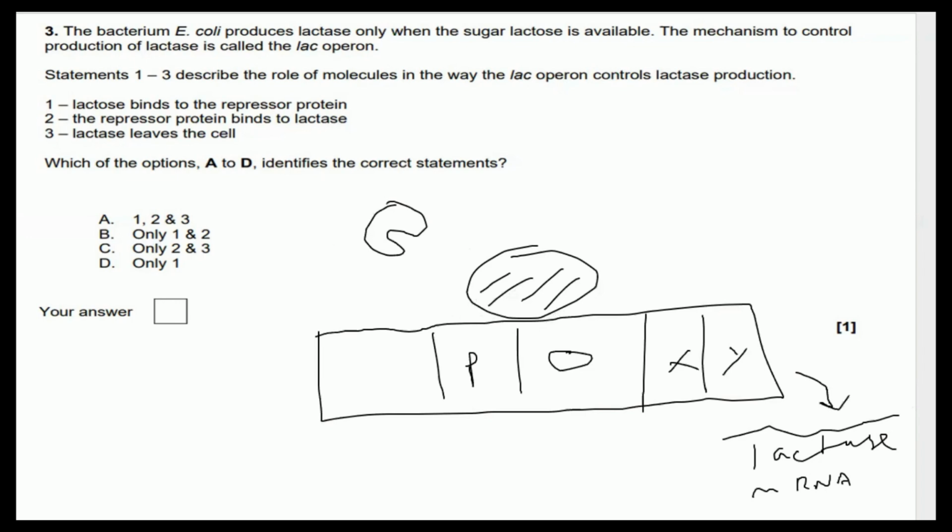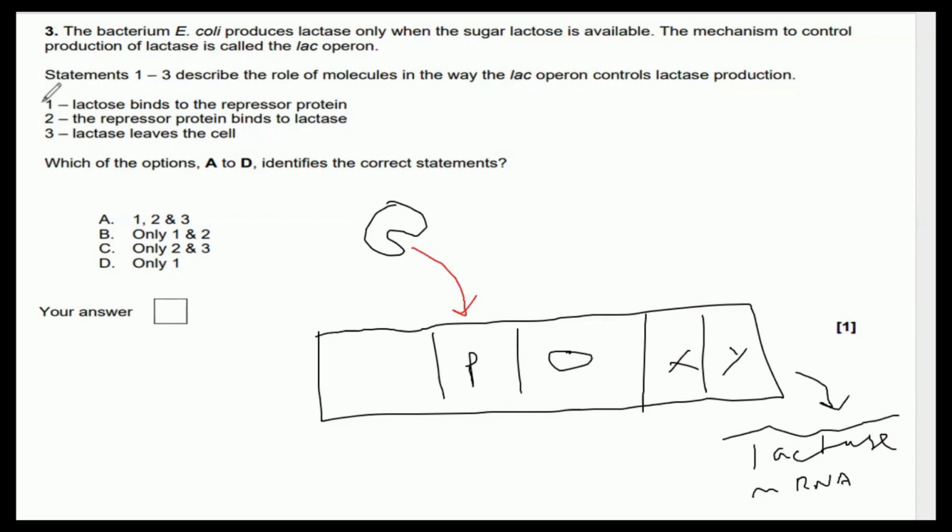Well, when lactose is present, the sugar acts as an inducer. It binds, similar to an allosteric site on an enzyme, to part of the repressor protein. That removes the repressor protein from blocking the region, and therefore our RNA polymerase can bind to the promoter region and then transcribe X and Y, or whatever these structural genes for lactase are.